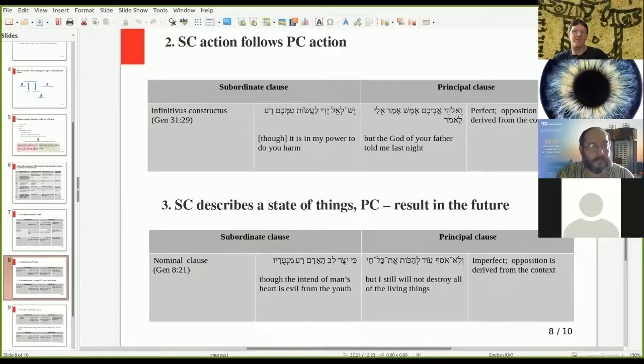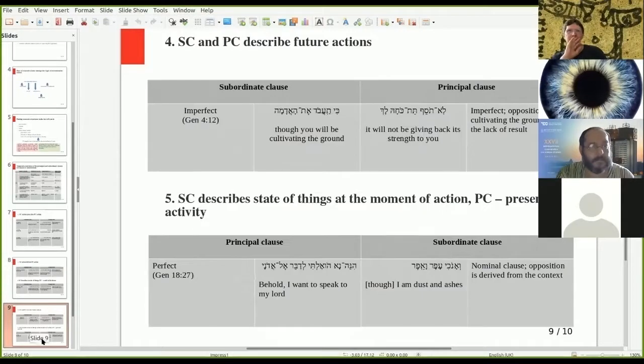In the third variant, when the subordinate clause describes a state of things, we have a nominal clause there, and this is no surprise. In the fourth variant, when we have future actions, we have two imperfects, again no surprise.